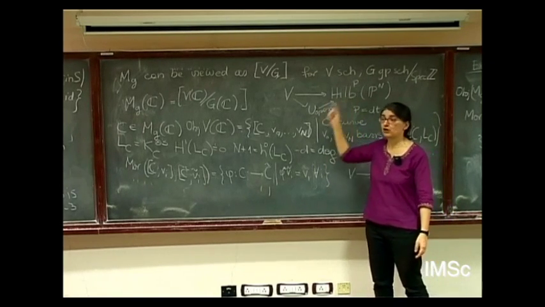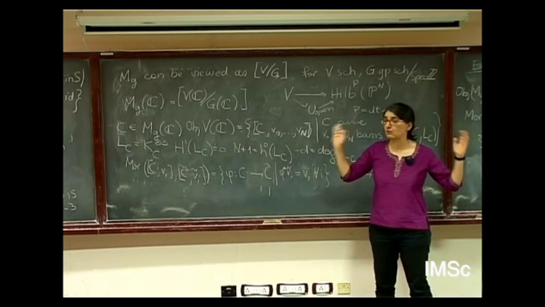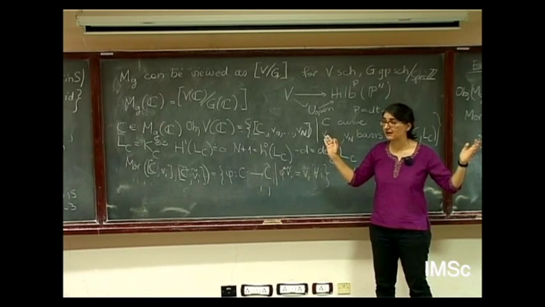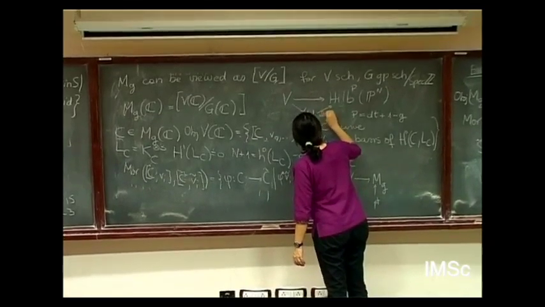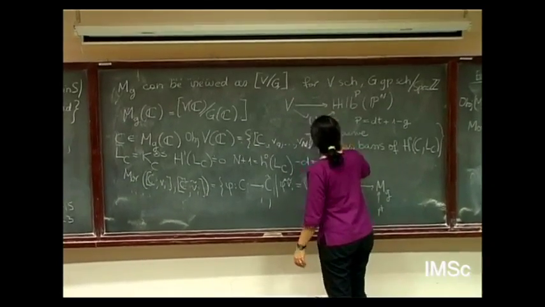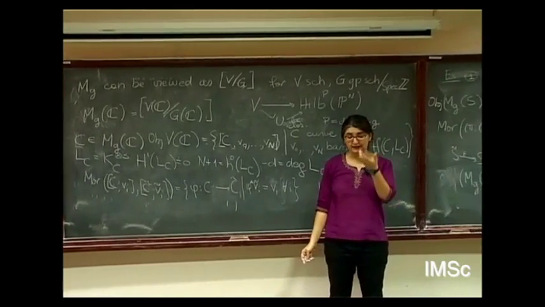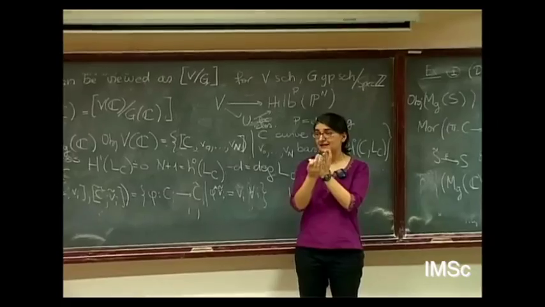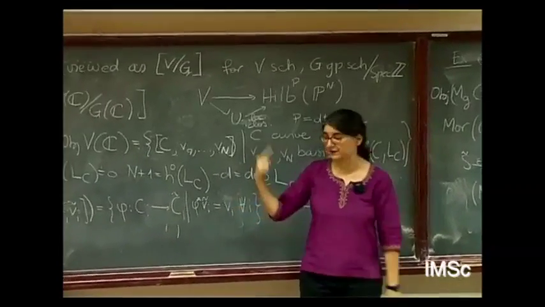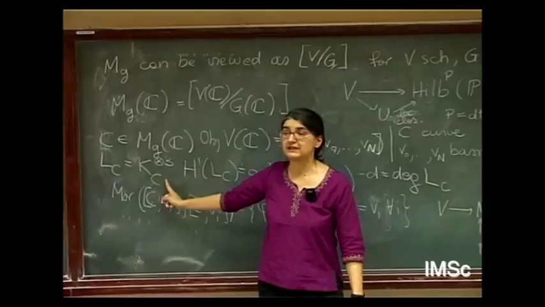And this is actually open because the locus, if you have a family of curves, the locus where the curves are non-singular, sorry, this is not open, this is locally closed. There is an open locus where the curves are non-singular, and then on each of these curves, O of 1 gives you a line bundle of degree d.